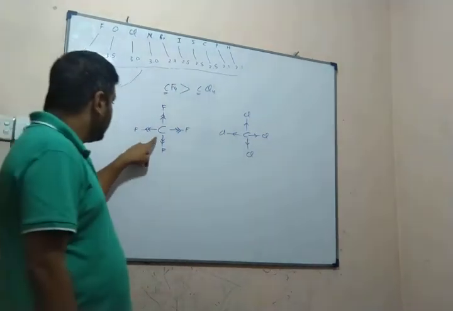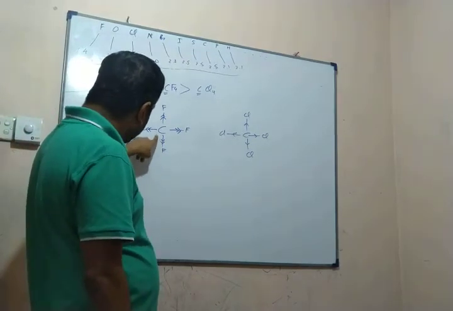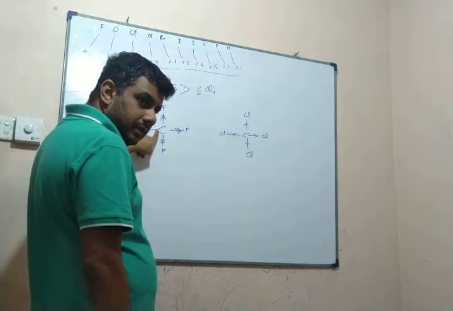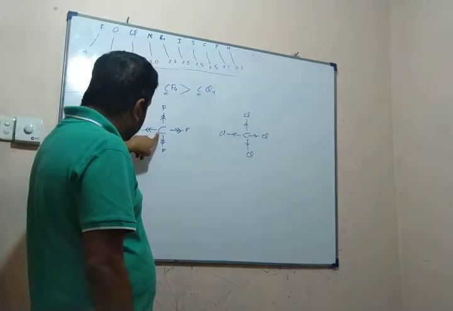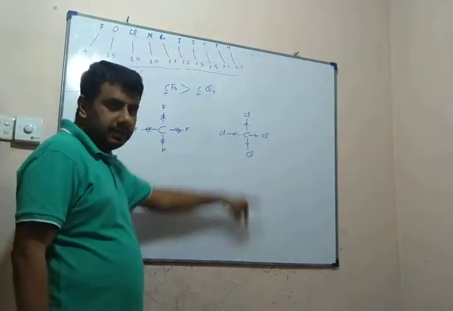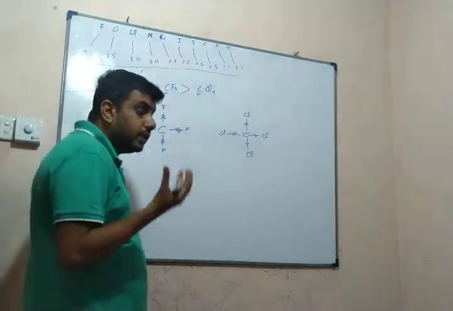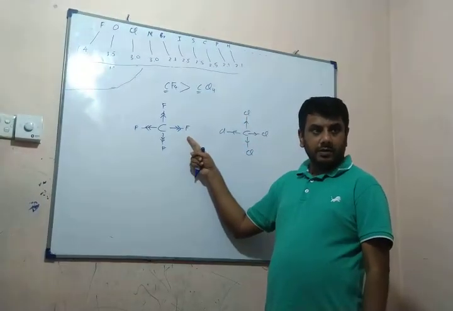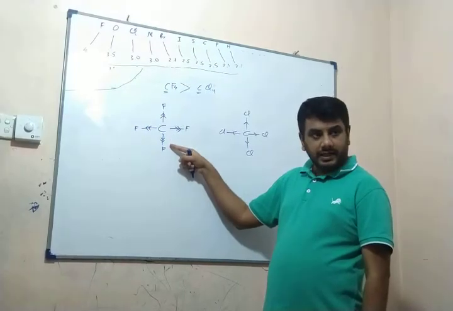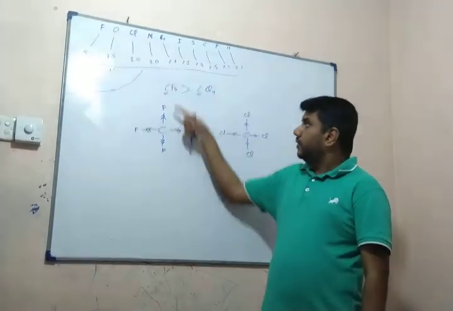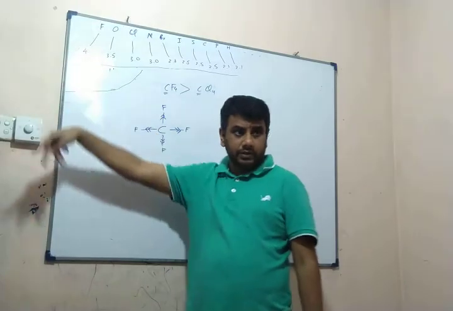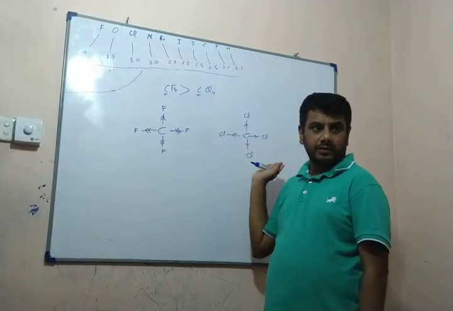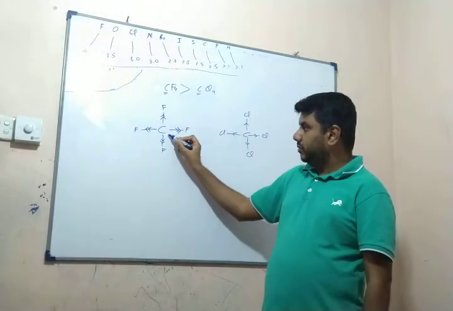You are able to see fluorine is delta minus, carbon delta plus. So will the carbon in CF4 or the carbon in CCl4 get more delta plus? This carbon. Because fluorine has very high electronegativity, it pulls the electron pair very much compared to chlorine, so the delta plus charge will be higher.